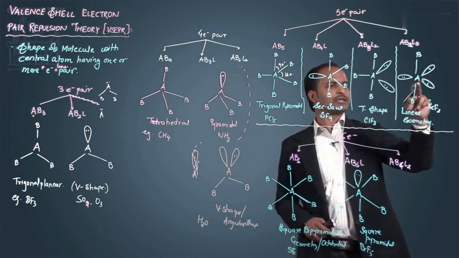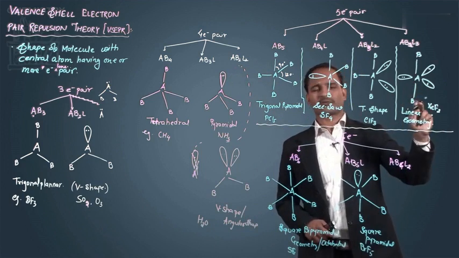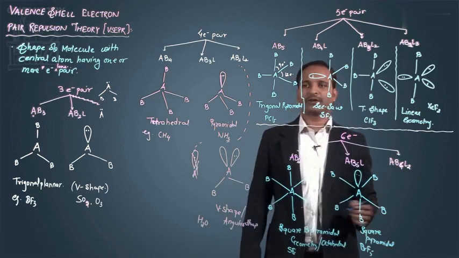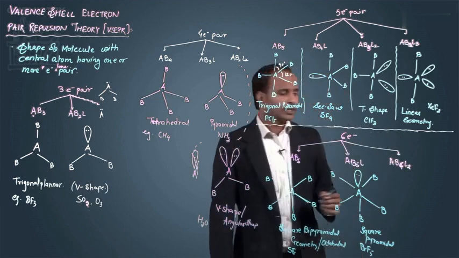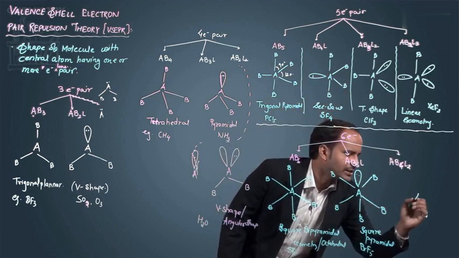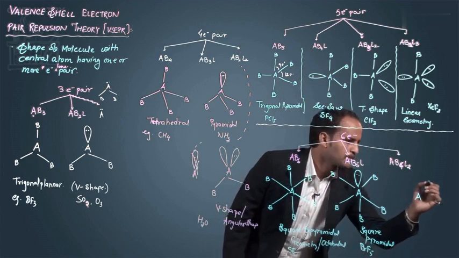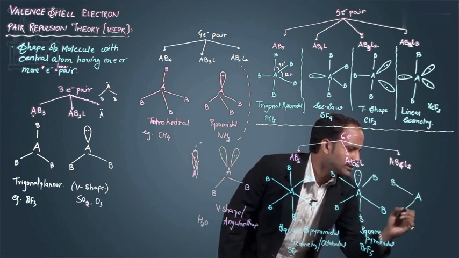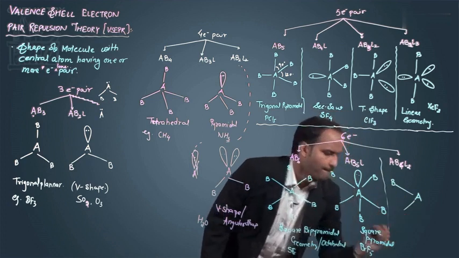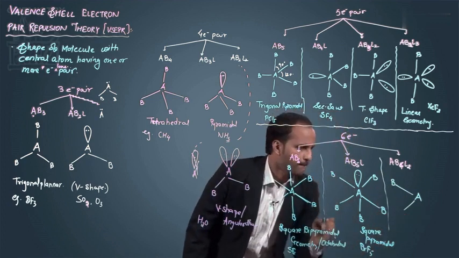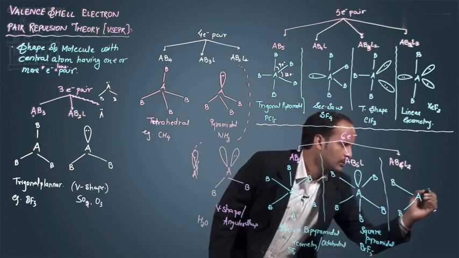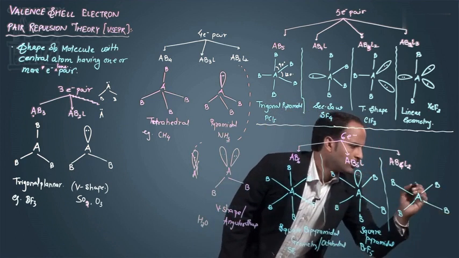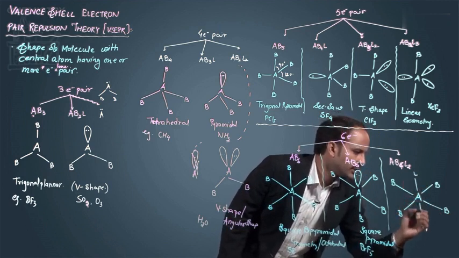For the next example I can say XeF2 molecule. Xenon fluoride. Xenon will be at the center, one fluorine, and the remaining 3 lone pair electrons will be here. The next, AB4L2 molecules. If AB4L2, A is at the center, one fluorine B, second B, third B, and fourth B. One lone pair is here, one lone pair is here.